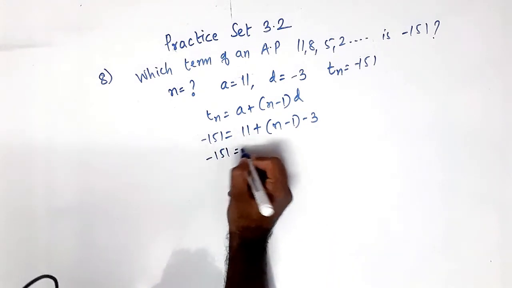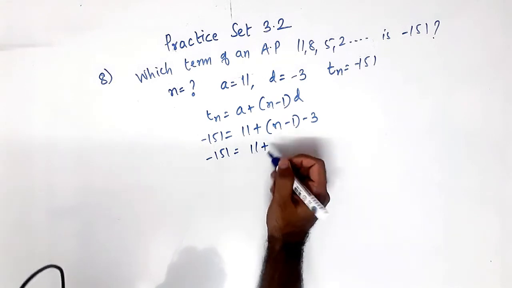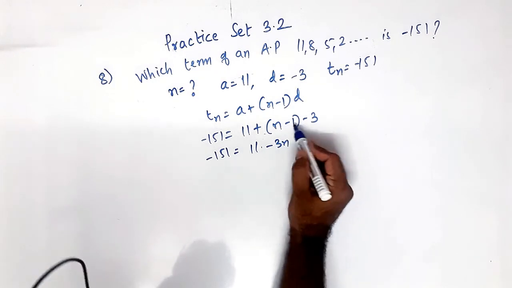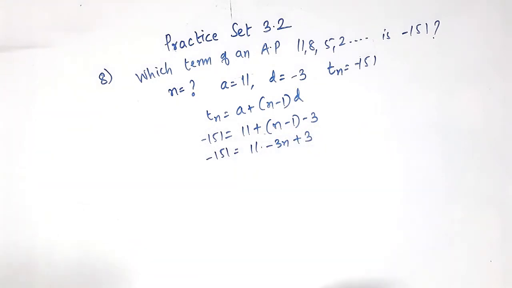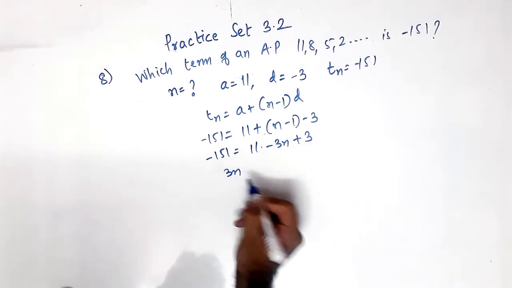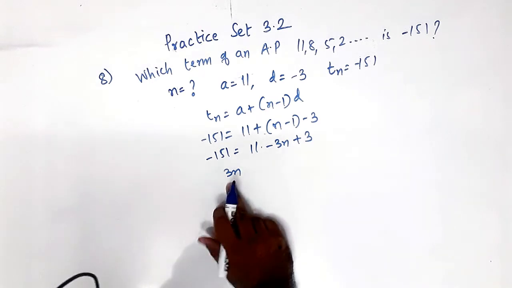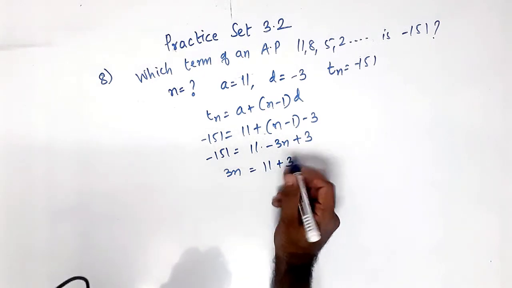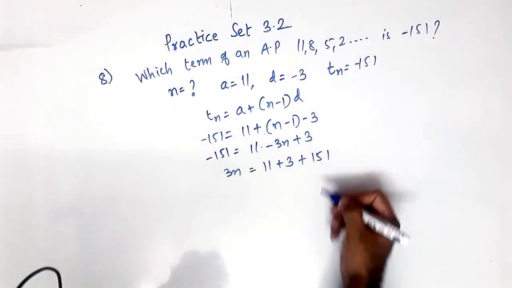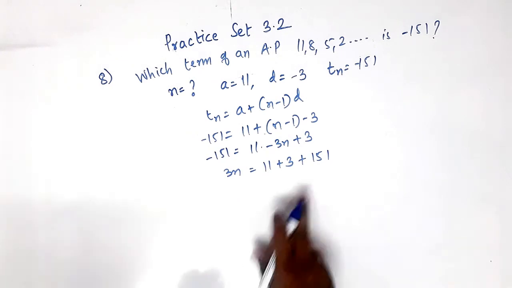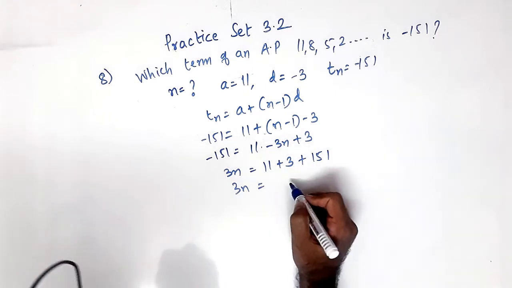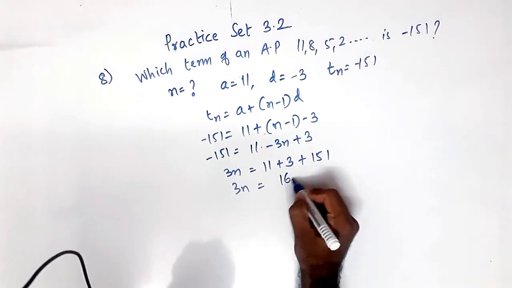Okay, minus 151 is equal to 11 plus, this will become minus 3n, and this will become plus 3. Okay, so now what I am doing, 3n I am bringing here, so it becomes positive. 11 plus 3 remains in the RHS. Minus 151 I am bringing in the RHS, so it becomes positive. Now 3n is equal to 11 plus 3, 14. 14 plus 151 is 165.